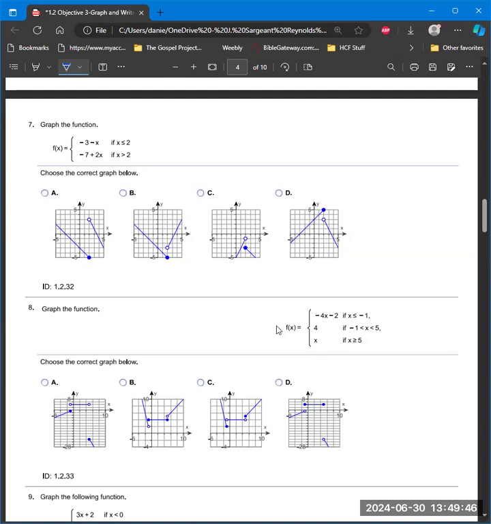And we have negative slope to the left, positive slope to the right. To the left, it's less than or equal to. And to the right, it's strictly greater than. So positive slope to the right has to be B.